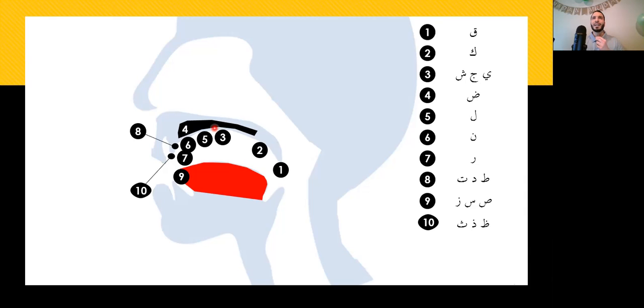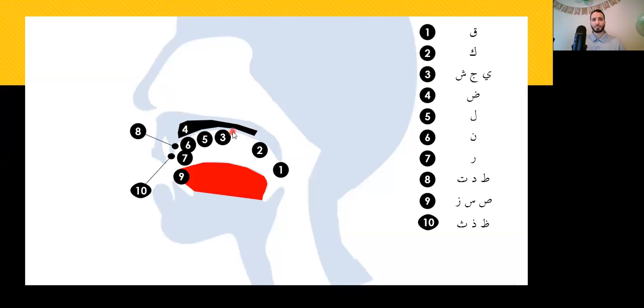Ya, ja, sh, sha, sh. Now we can feel some air also hitting from closer to the front of the mouth, right? So ya, ja, sh, sha, shu, she, ash, ash.